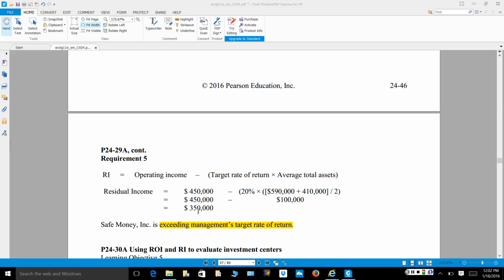So my residual income, actual operating income above my minimum acceptable amount, is $350,000. So when we use the residual income and the return on investment together as key performance indicators, we can get a better analysis of how well our organization is actually utilizing the assets that they have and turning those assets into operating income.